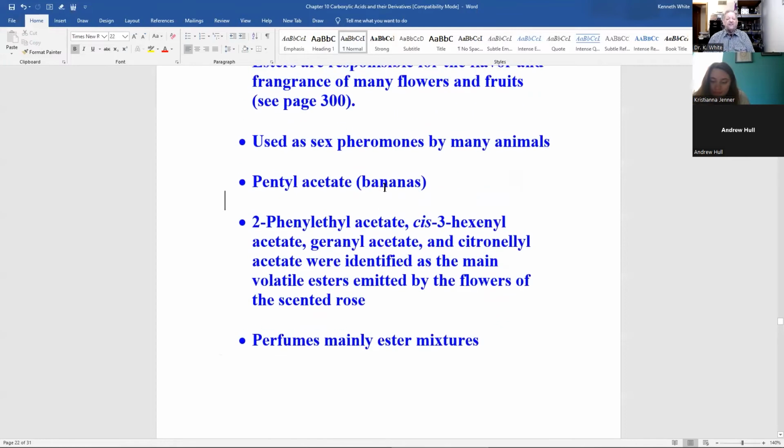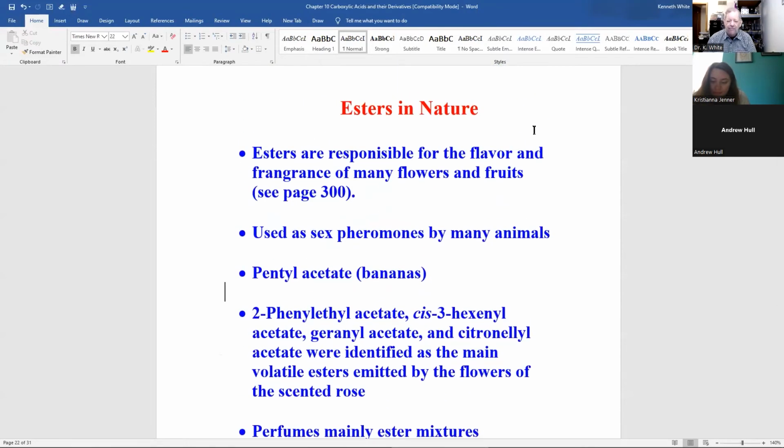Now, an interesting thing, you see on bullet number 2 right here, esters in nature have been used as sex pheromones by many animals. What's a sex pheromone? Well, I'm not an expert in animal husbandry, but I think you're all familiar with when a dog or cat goes into heat, they attract all the males in the neighborhood. You've got to be careful. But anyways, how do they do that?